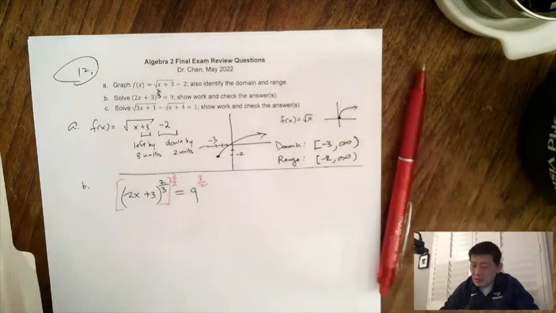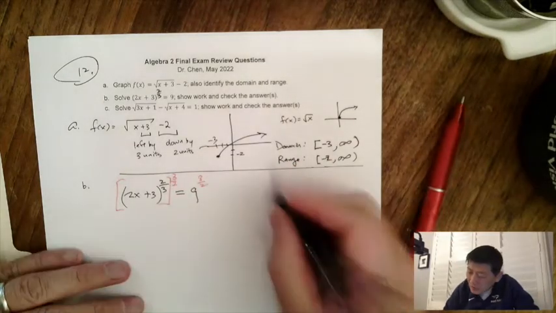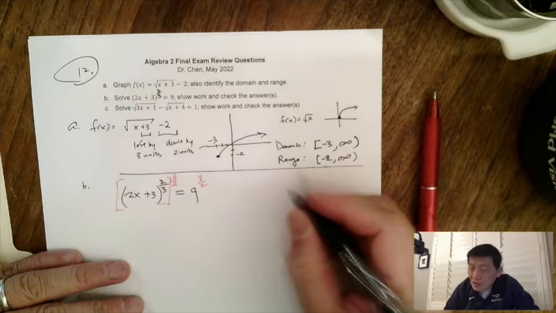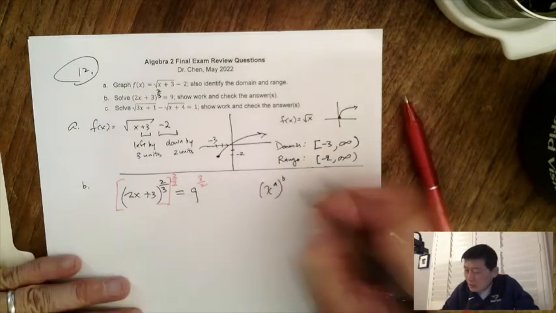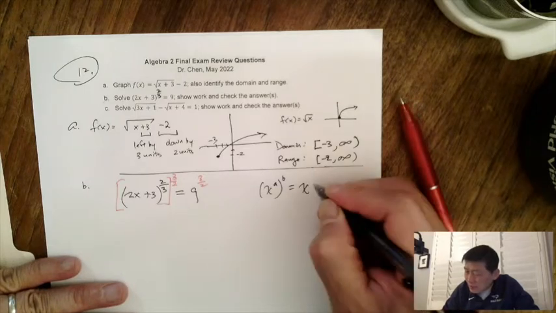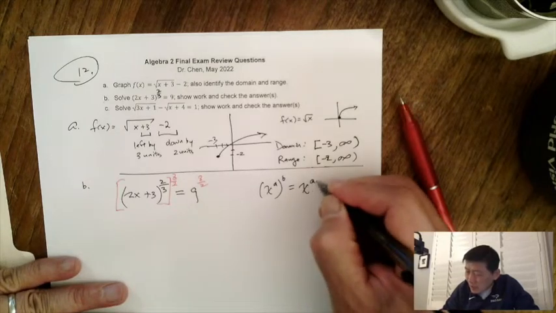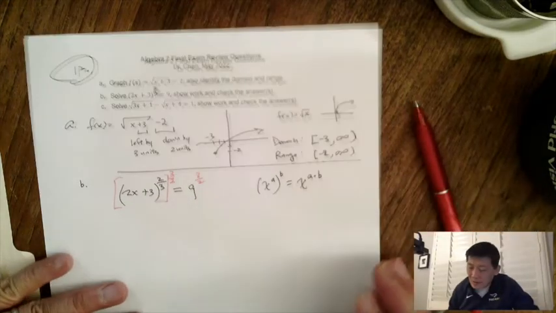By doing so, power to a power, we take advantage of the idea that if you have x to the a to the b power, you can simply say it's x to the a times b. That's the property we're taking advantage of.